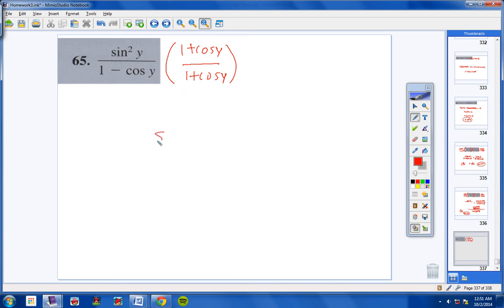Sine squared times 1 would be sine squared. Sine squared times cosine would be sine squared cosine, all over, and if we multiply these correctly, we'll get 1 minus cosine squared.